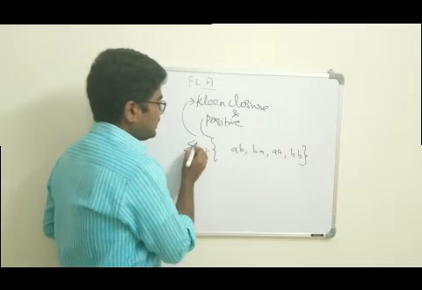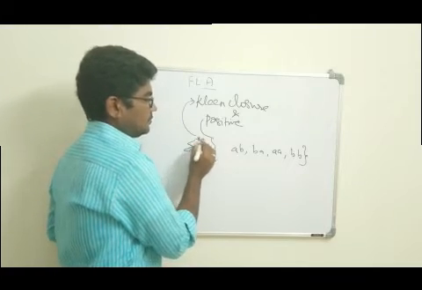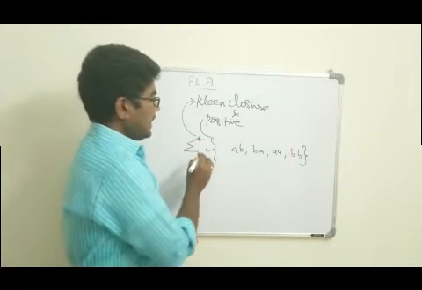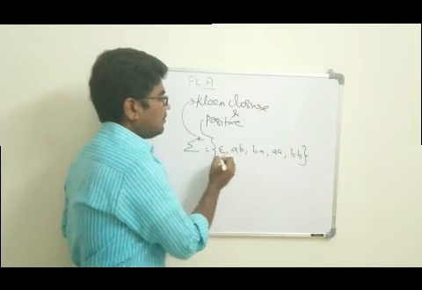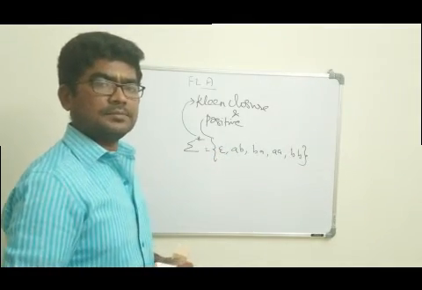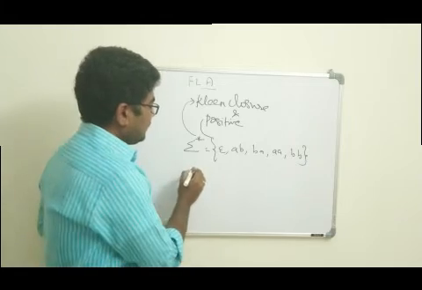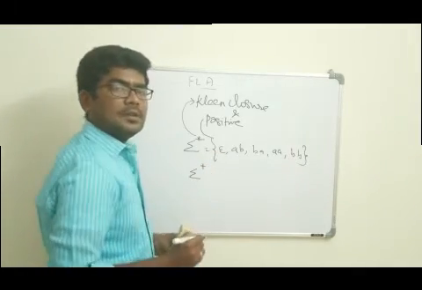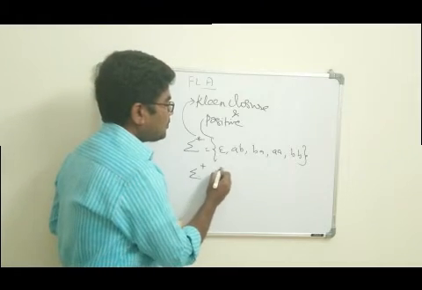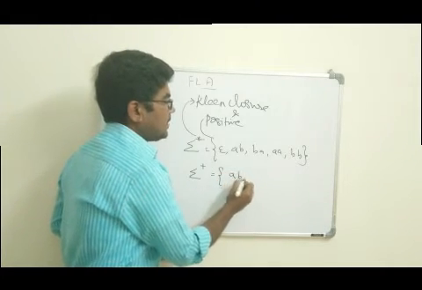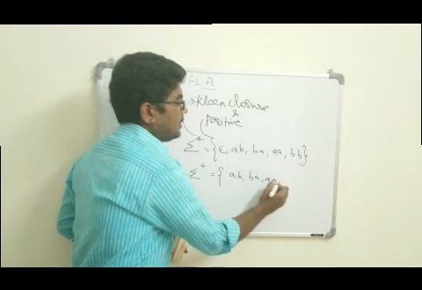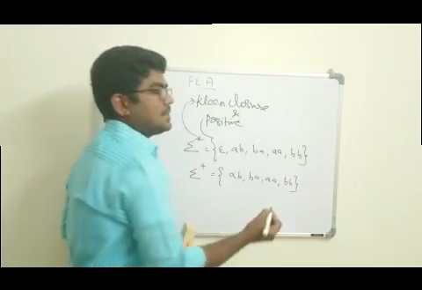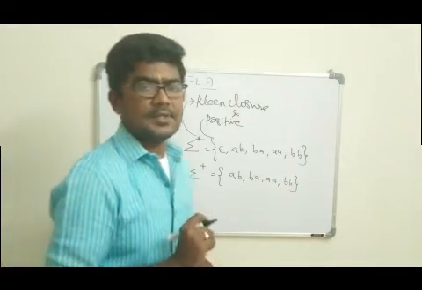If you write sigma star, you need to mention the star, then you will be including the empty string. If you are not including the empty string, it is sigma plus, that is the positive closure. Now you won't add an empty string; you will just write AB, BA, AA, BB. This is the difference between Kleene closure and positive closure.